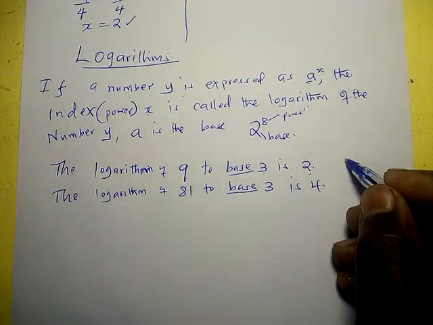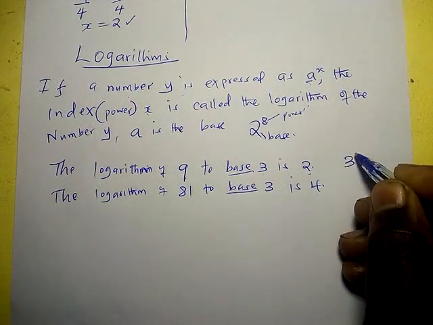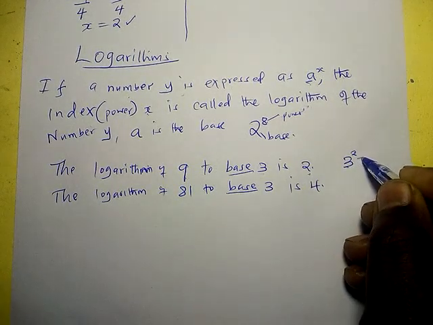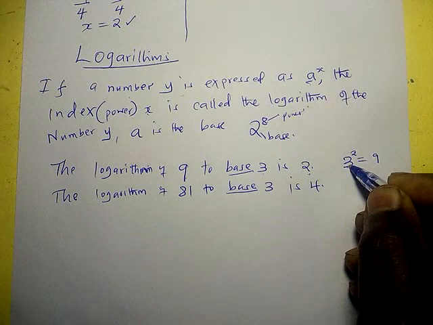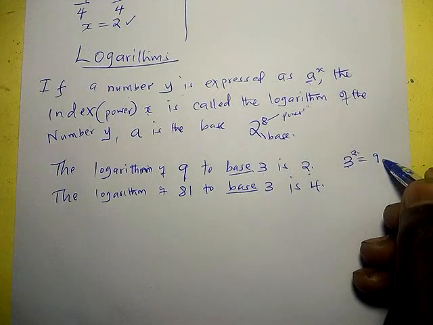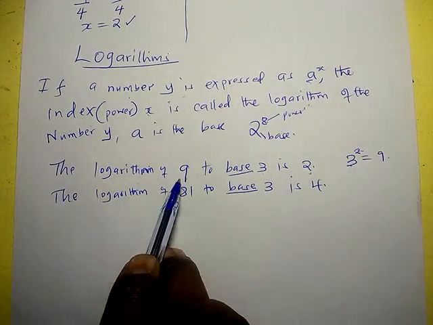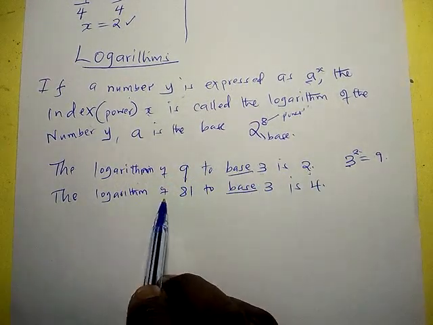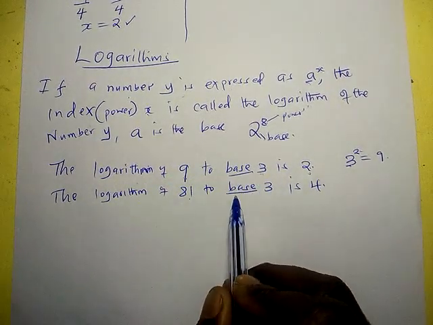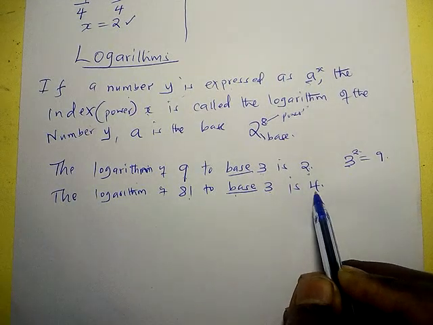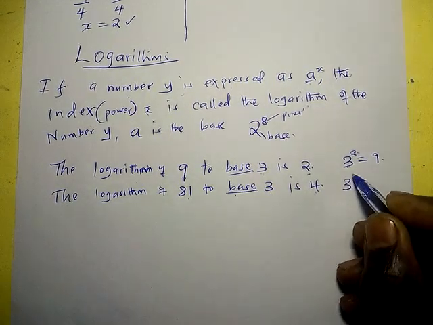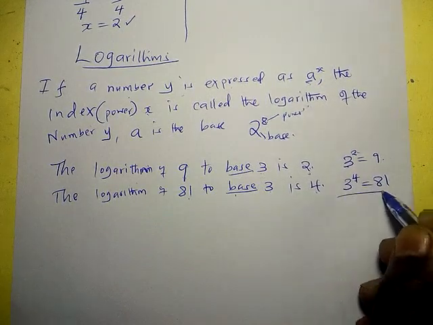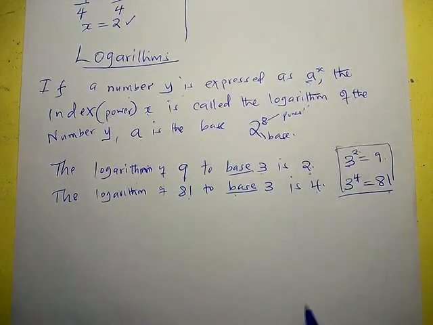What we are saying is that 3, the base, raised to power 2, the logarithm, equals 9. So the logarithm of 9, when the base is 3, is 2. The logarithm of 81, when the base is 3, the answer is 4, meaning that 3 raised to power 4 equals 81. That's what it means.